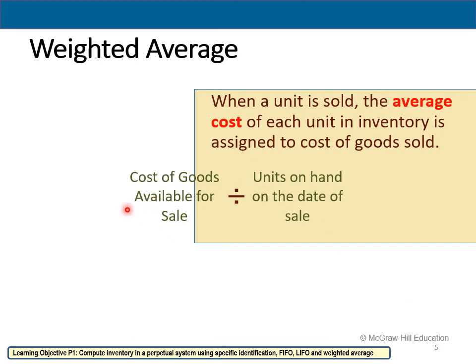So this is your formula: your cost of goods available for sale on a particular date, i.e. after each purchase, divided by units on hand as of the sale date. Again, this may be a bit abstract, but we'll get knee deep in this with an example in class.